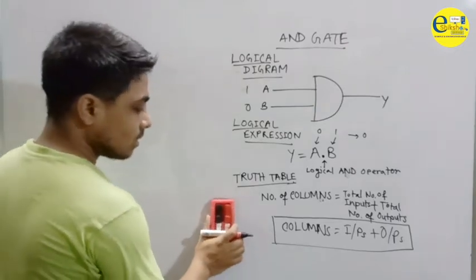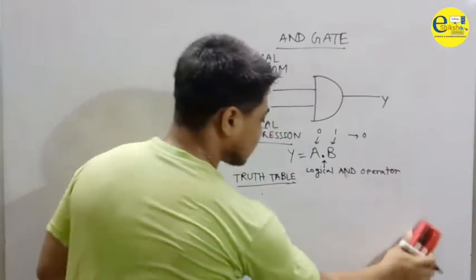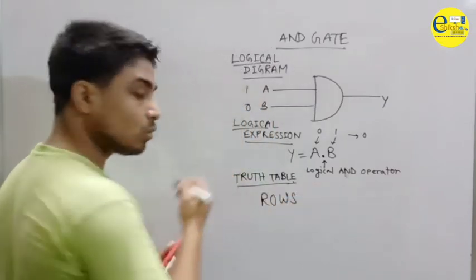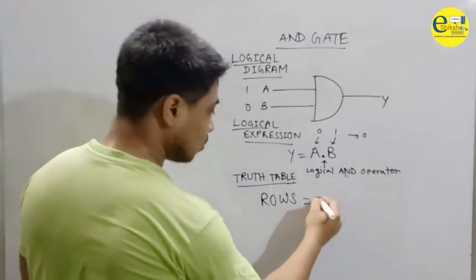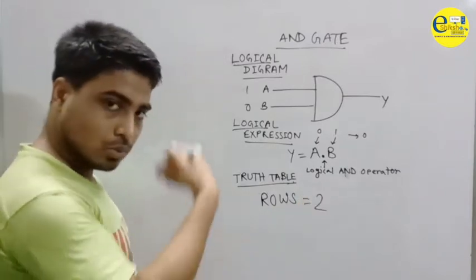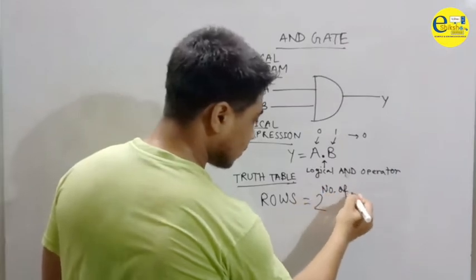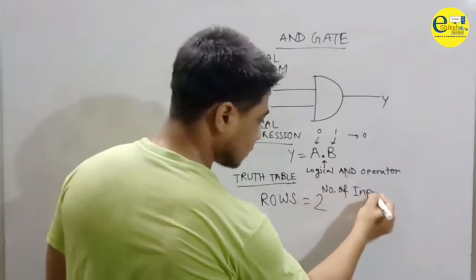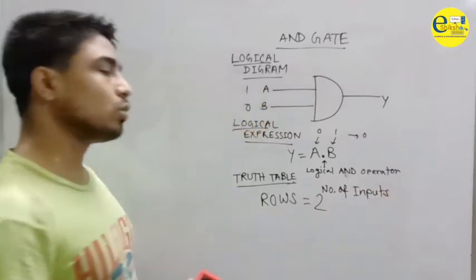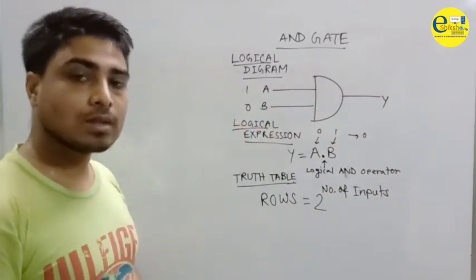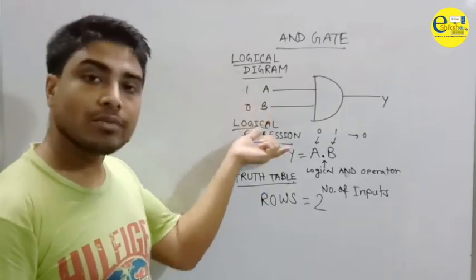The total number of rows for that truth table is equal to 2 to the power number of inputs. So how many inputs do we have here?